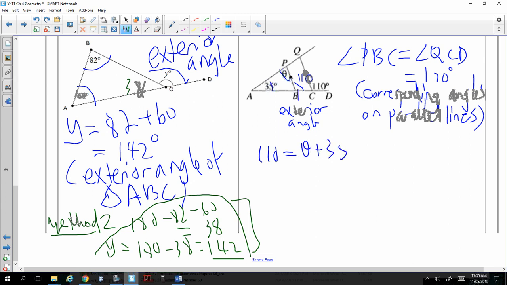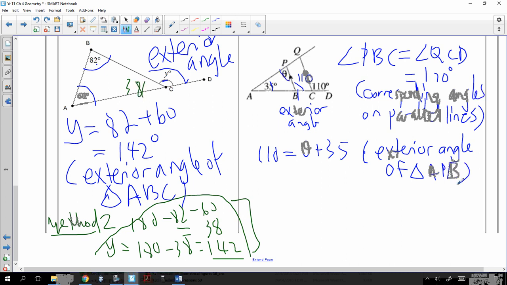You say exterior angle of triangle APB. All right, and then we're going to go theta equal to 110 minus 35, which is 75 degrees. Okay, any questions?